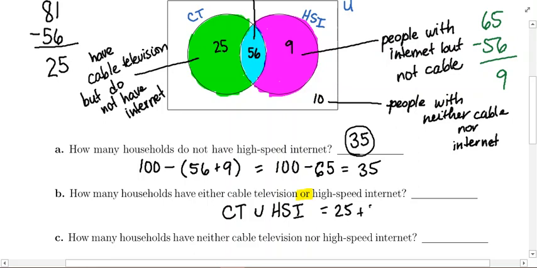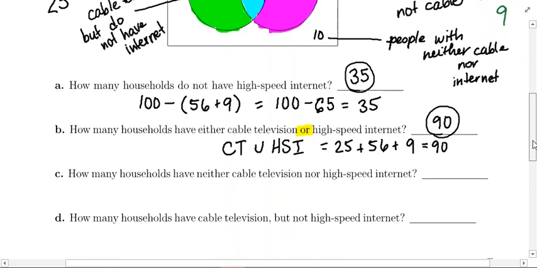You're going to do 25 plus 56 plus 9, and if you do that, you should get 90. That makes sense because remember, this 10 is lurking outside of the circles. 10 households have neither cable nor internet. So that makes sense.